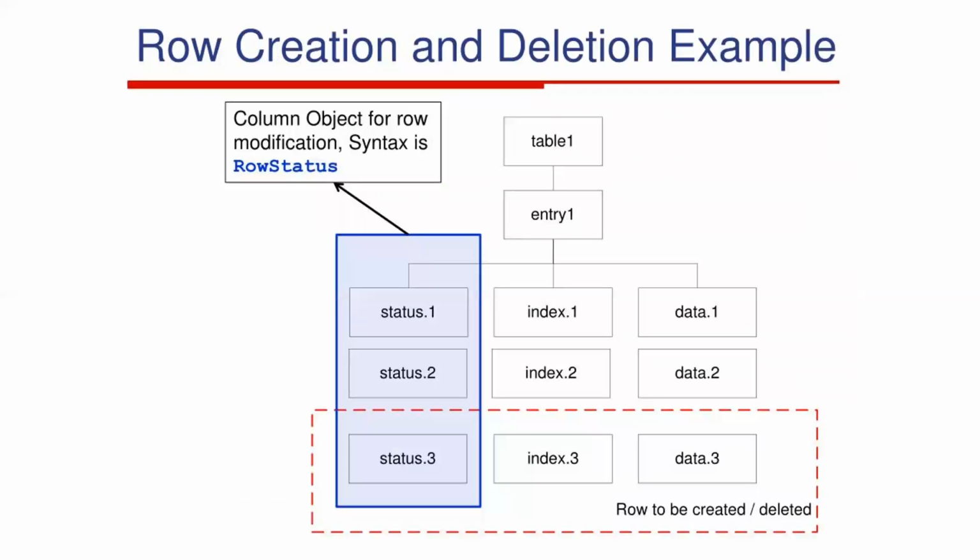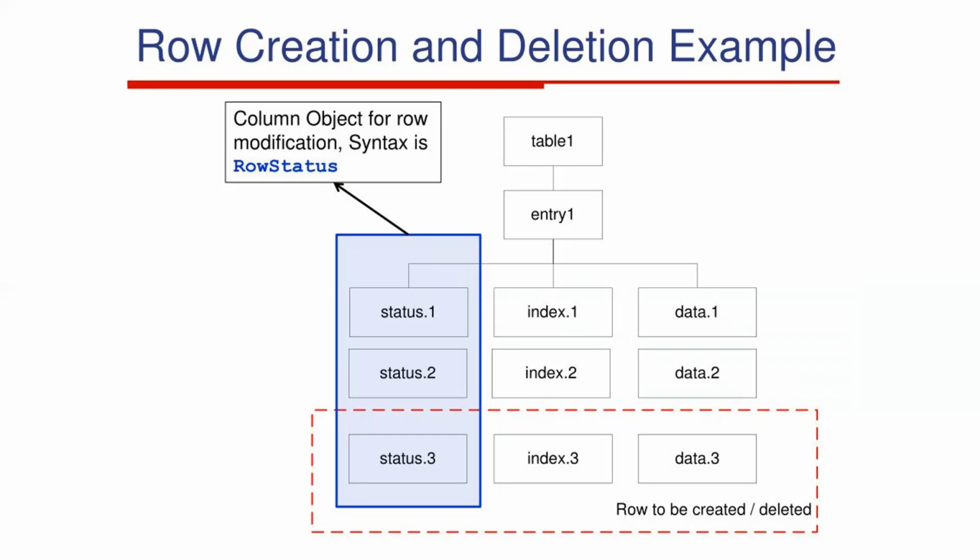Then row creation and deletion. For example, how we are going to create the rows. Let us now analyze the create and delete operation using the conceptual table from that diagram. Table 1 originally has 2 rows and 3 columns. The first column, status, has the value of the status of the row as indicated by the enumerated integer syntax of the row status textual convention.